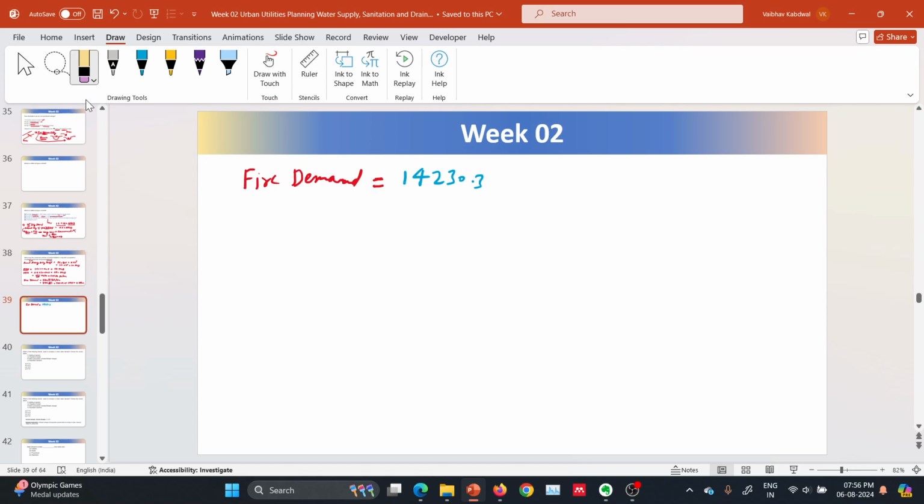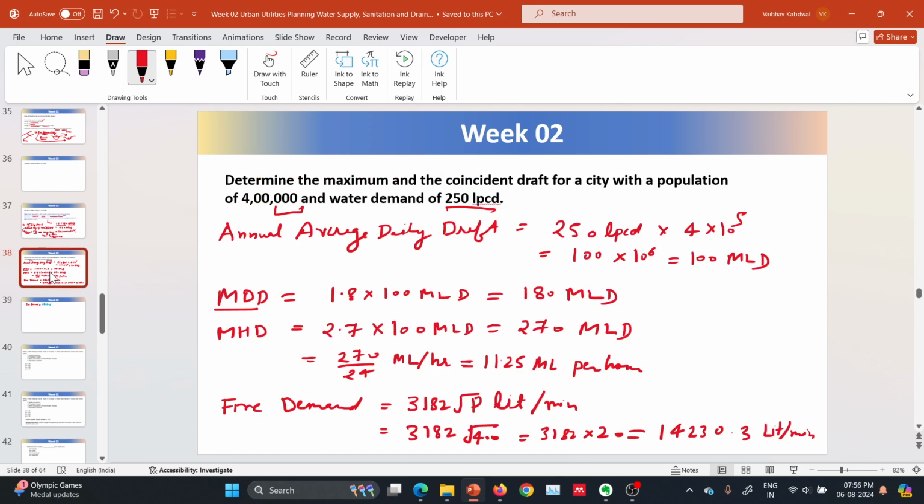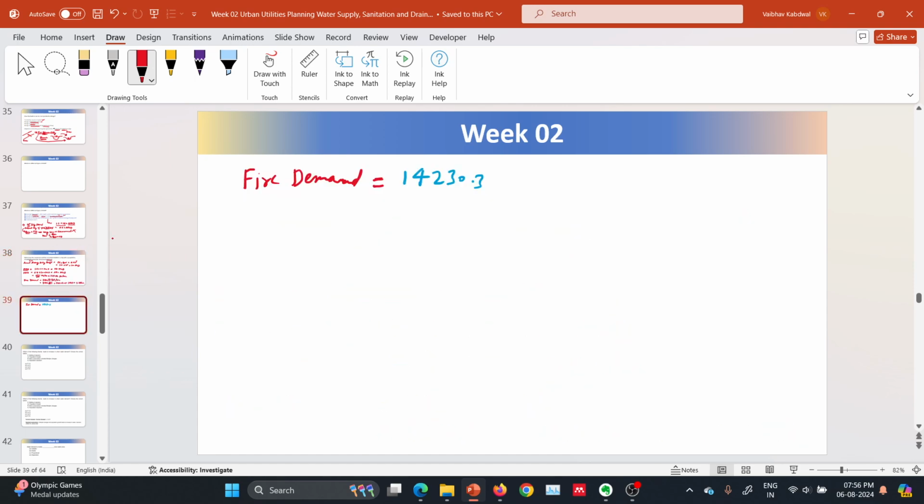The unit is liters per minute. It can be solved like 10 to the power -6 million liters into 24 into how many minutes, 1 day, 60 minutes.